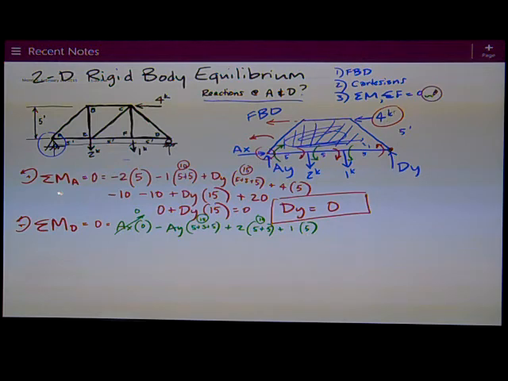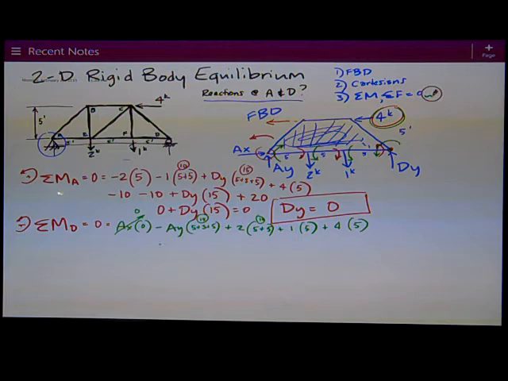And I've still got this 4 kips to deal with. It's trying to rotate counterclockwise about point D. So I've got plus 4 times its Y distance of 5. So I've accounted for all my straight line forces, multiplied them by their distances. Do the math.